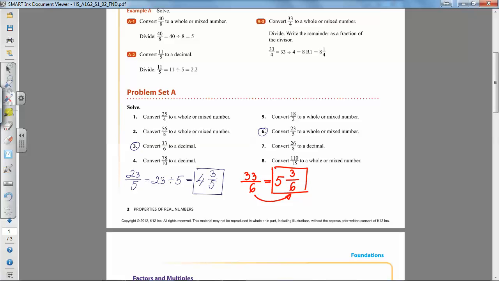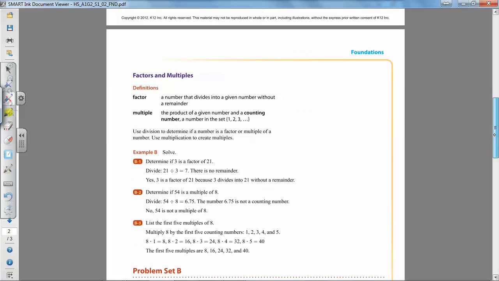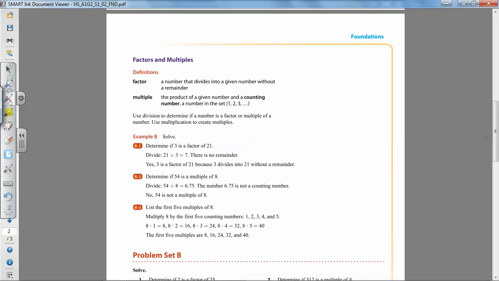Okay? Do more practice. You have plenty of problems in your book. Go for it. Next topic covered today was factors and multiples, right? What is a factor? The number that divides into a given number without a remainder, goes in evenly, right?